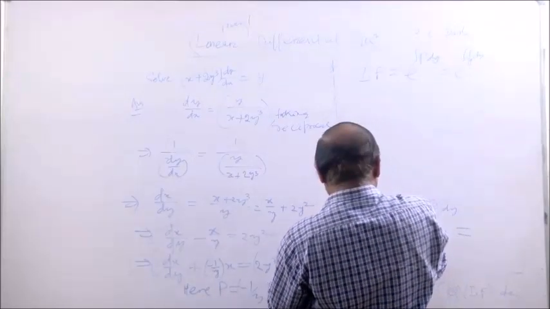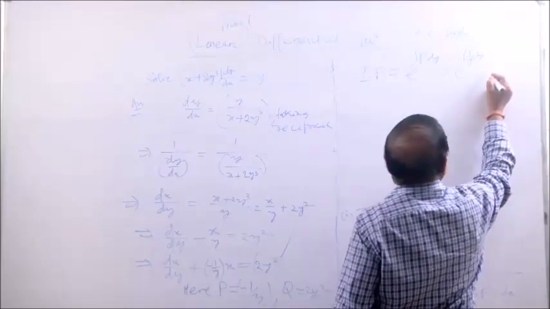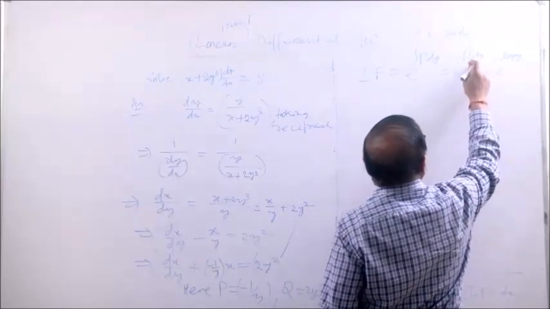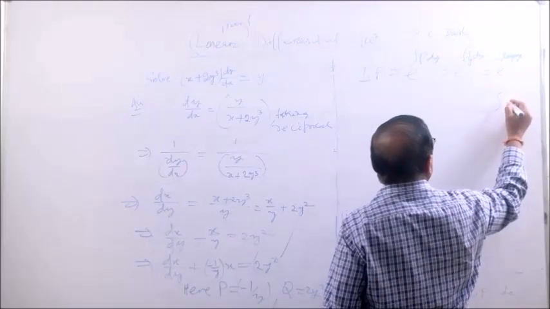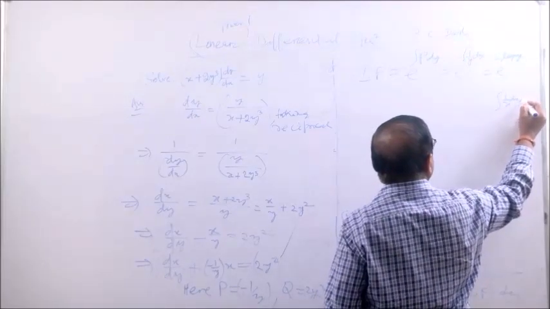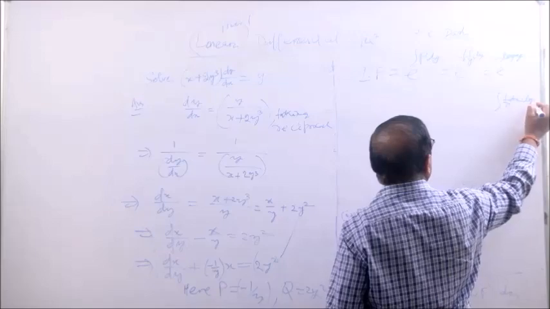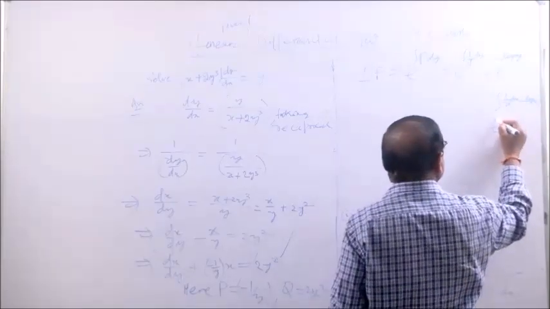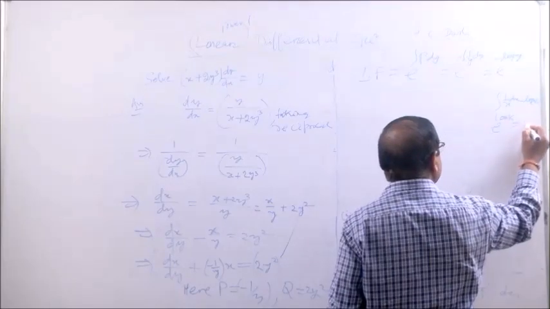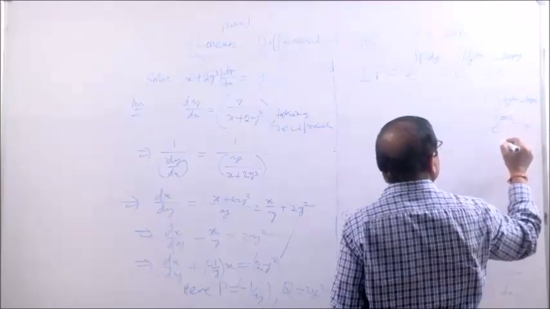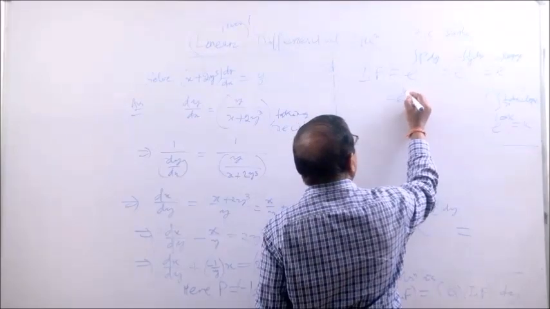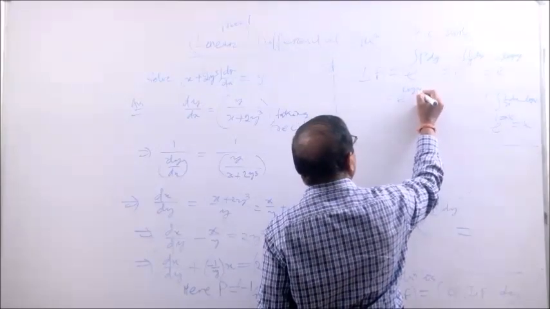Tell me what is this? e to the power minus log y, because 1 by x dx, as you know, is equal to ln x, log of mod x. So, log y. We know the formula e to the power log k is k, right? So, you see, simplify this: e to the power log y to the power minus 1.